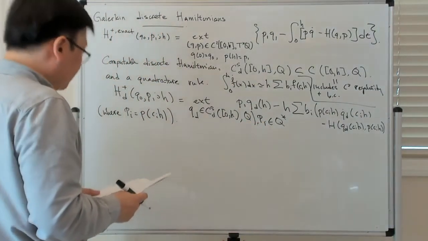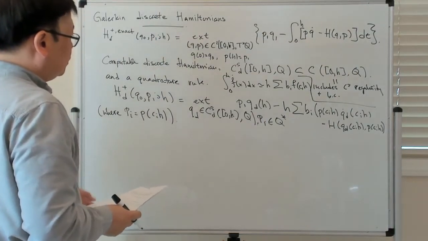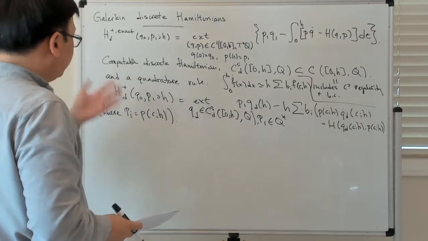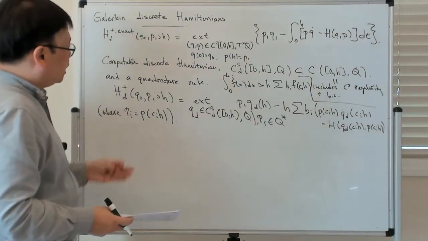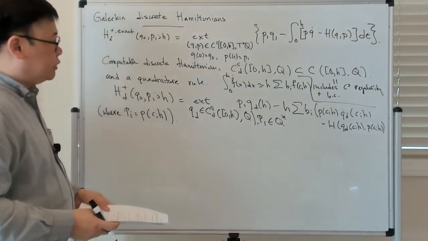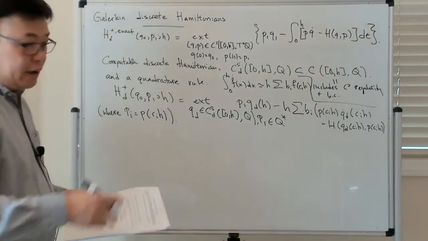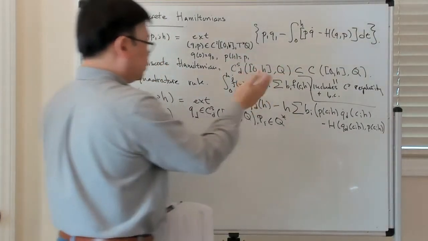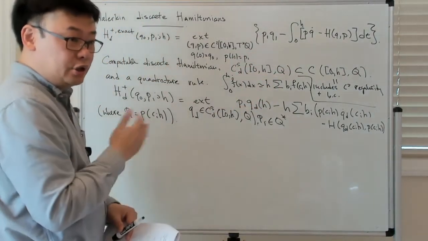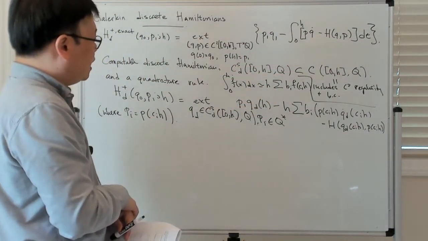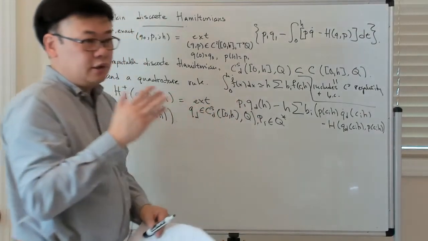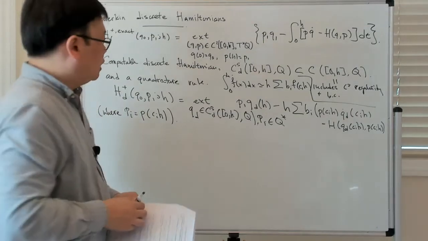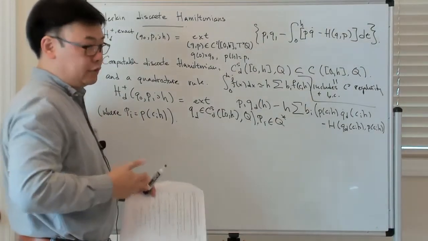So what this suggests is that your discrete computable Hamiltonian, or Galerkin discrete Hamiltonian, is predicated on two choices: the finite dimensional function space which approximates the position trajectories, and a quadrature rule. Those are exactly the same choices one makes when constructing a Galerkin discrete Lagrangian.